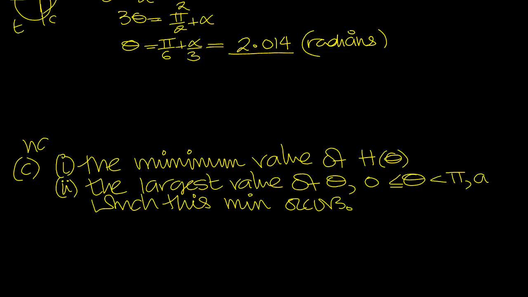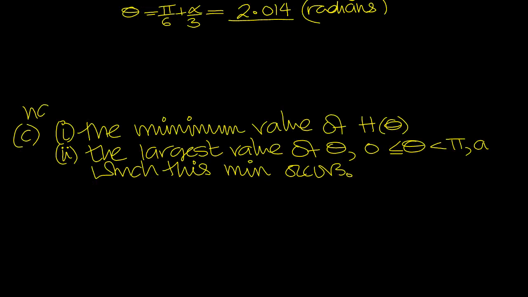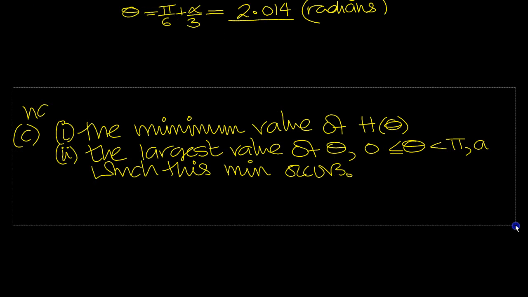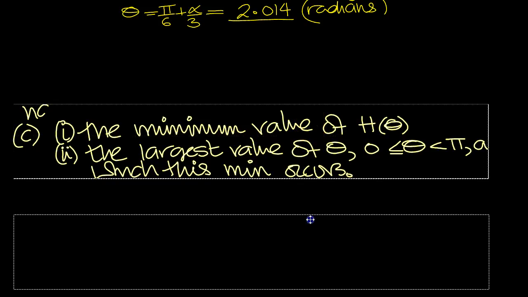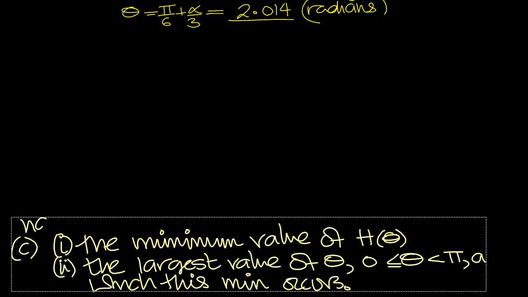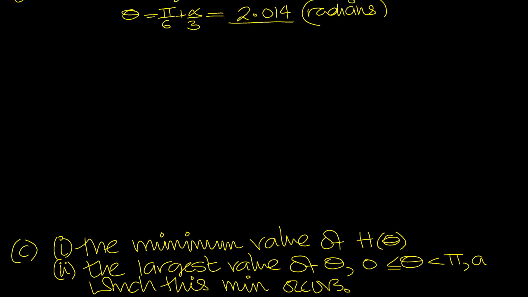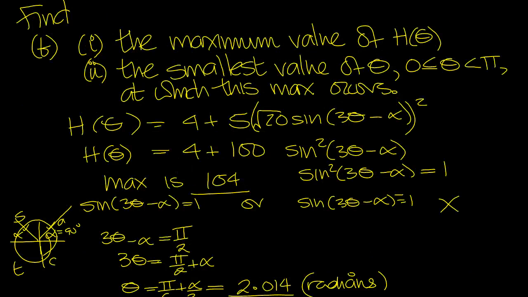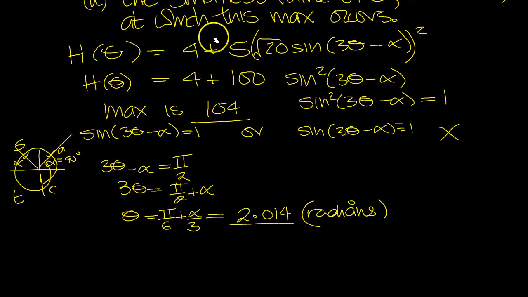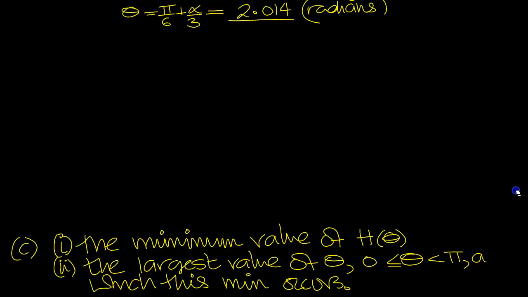Now here, the minimum value of h theta, so let's have a look at that. So I'll put it down the bottom and I'll work above it. So the minimum value, what's the minimum value? Here it is here, it would happen when sine is 0, the minimum value would be 4.